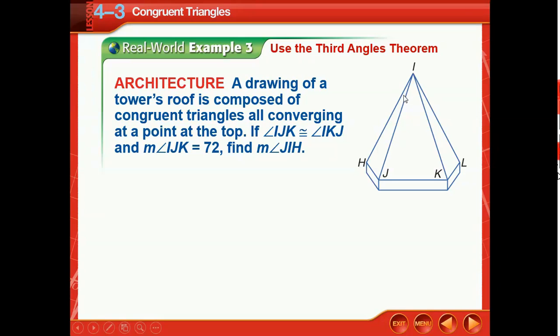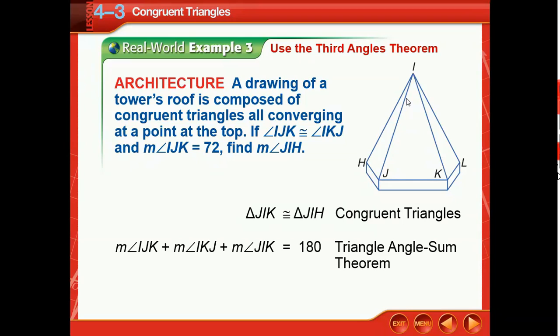I know these two angles are congruent, so this is 72 and this is 72. What do the angles of a triangle have to add up to? 180. So I can take 72 and 72 away from 180. So I take it away twice. That'll give me this remaining angle up here, and that corresponds to this top angle up here. So if we have congruent triangles, the corresponding parts are congruent. CPCTC, that whole thingy.